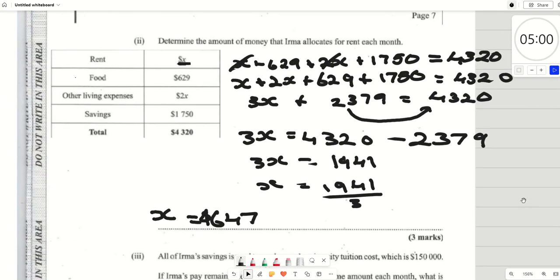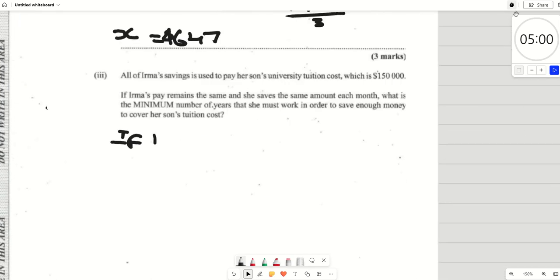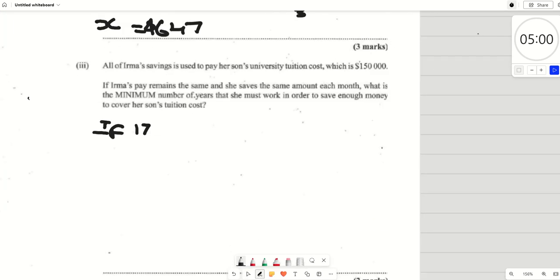Right? So 1,750. If 1,750 is equal to 1 year, then 1 year would be equal to 1 over 1,750, right?